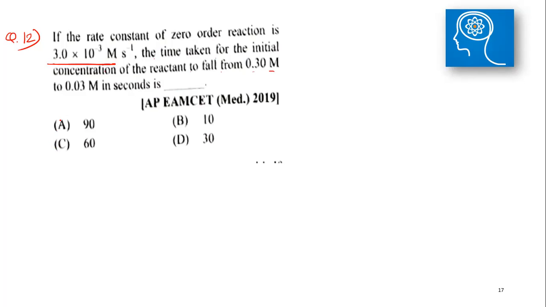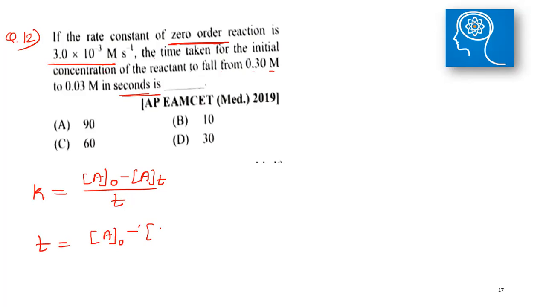So now which law will we need here? We will need the integrated rate law. For what? Integrated rate law for which order reaction? See here it is given, it is a zero order reaction. So the integrated rate law for zero order reaction is k is equal to concentration of A0 minus concentration of At upon t. Okay, this is the integrated rate law for zero order reaction. What value do we have to find out? In seconds means we have to find out time. So t is equal to, we just rearranged it. So concentration of A0 minus concentration of At upon k. Okay. Now the values were put. Concentration of A0 is given, that is 3 10 to the power minus 3.